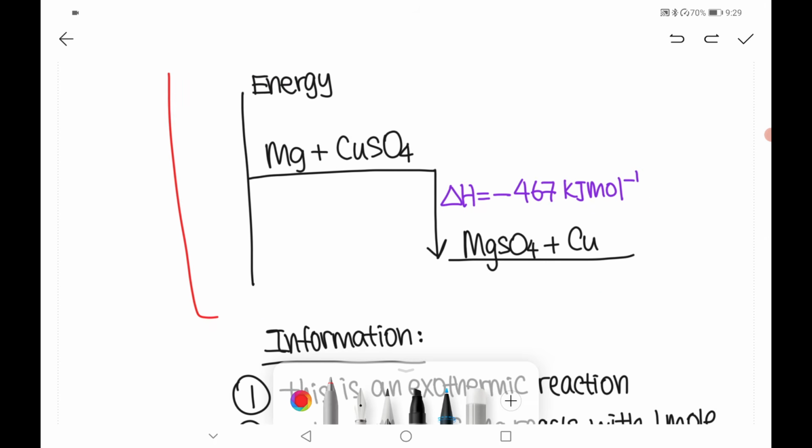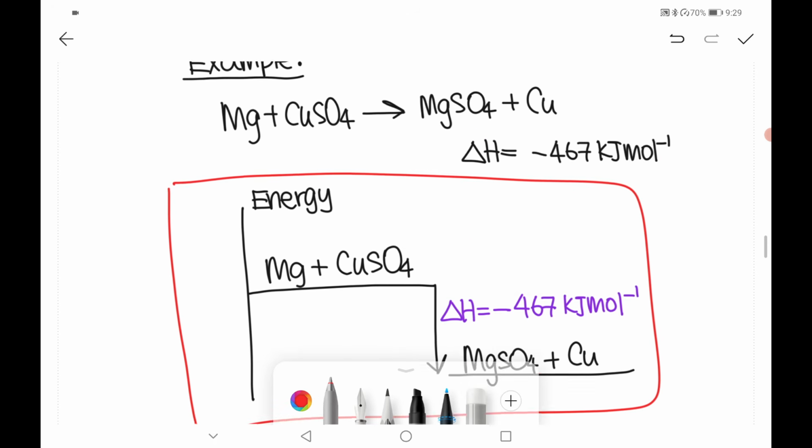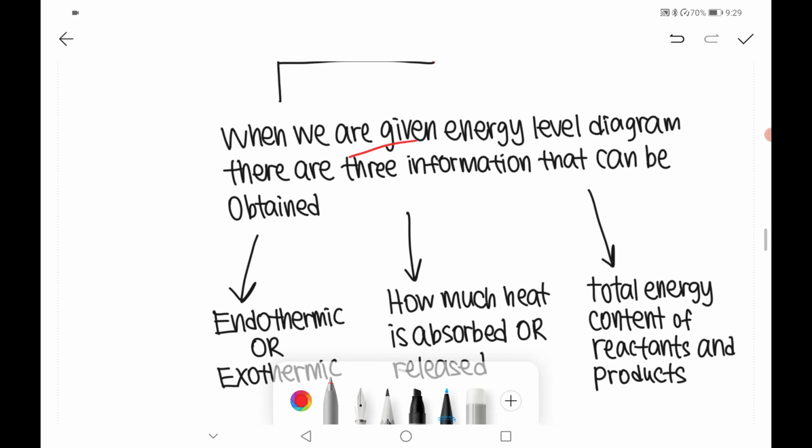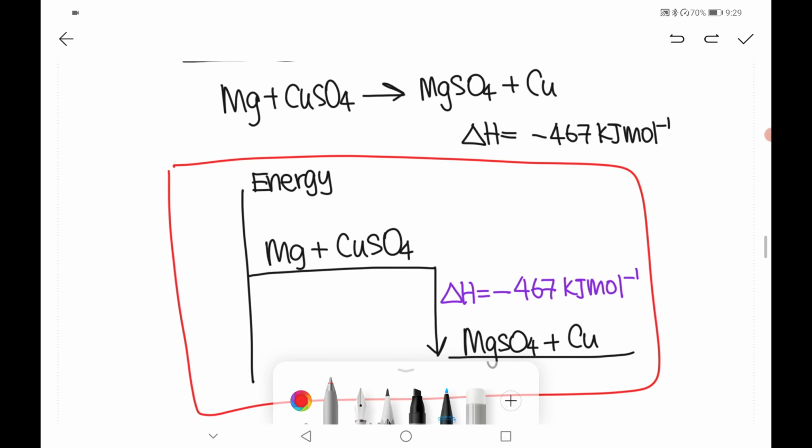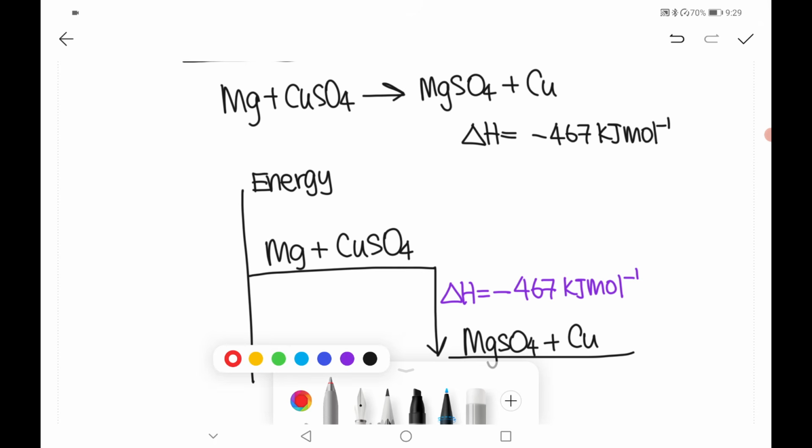From this energy level diagram, I want to get three pieces of information. The first is whether the reaction is endo or exo.